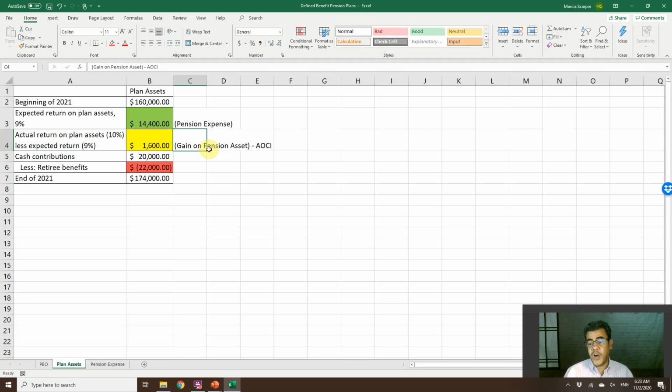So it is not a gain in our income statement. It is other comprehensive income. It is shareholders' equity or stockholders' equity, instead of the income statement. And it doesn't matter if we are talking about US GAAP or IFRS.